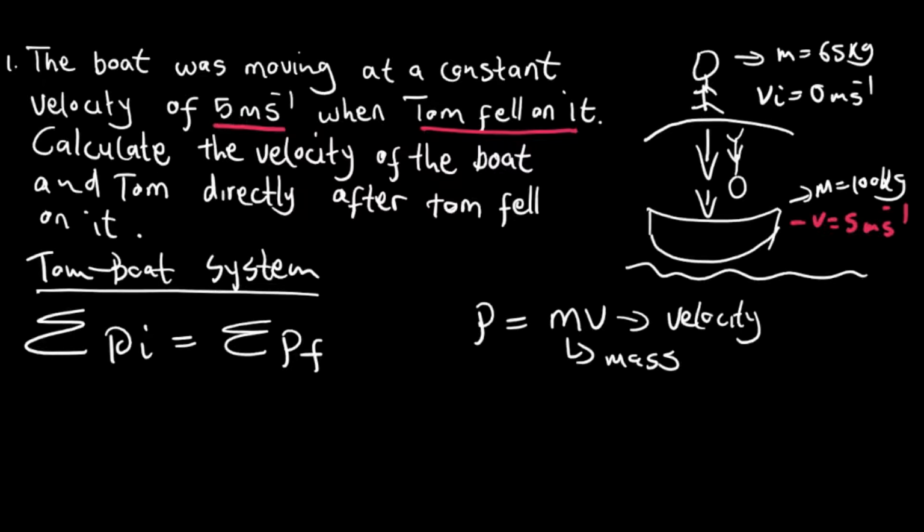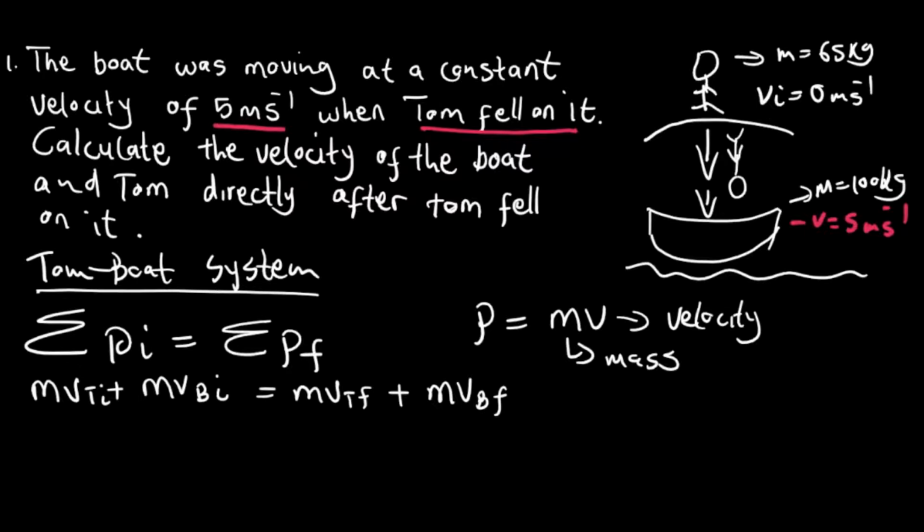So we're going to include the initial momentum of both systems. So we have mv of Tom plus mv of the boat, the initial one, is equal to mv of Tom for the final plus mv of the boat final, right?